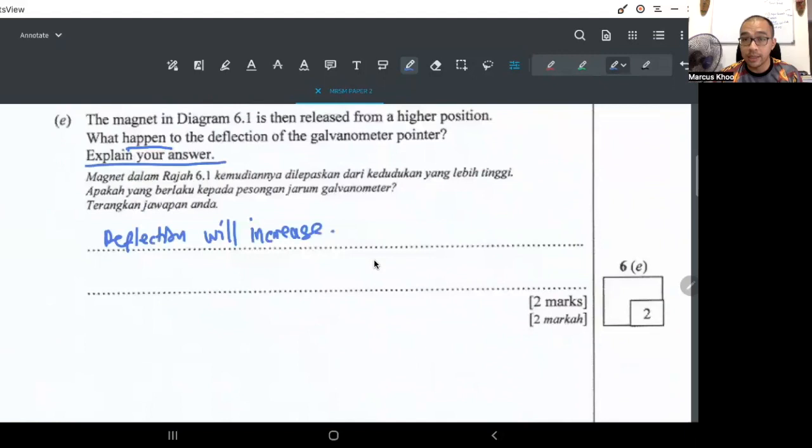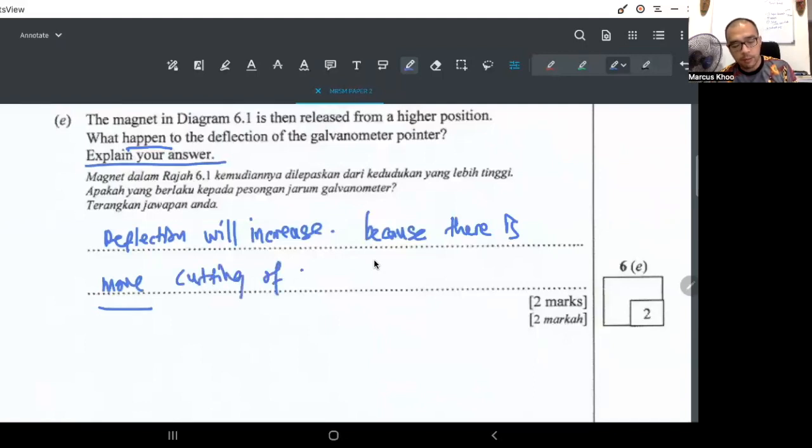Why does the deflection increase? Because there is more cutting of the magnetic flux. That will be the answer. So this will be 1 mark and this will be 1 mark.